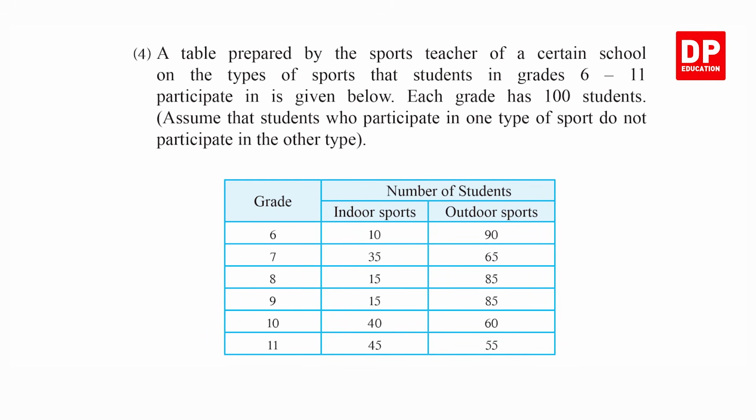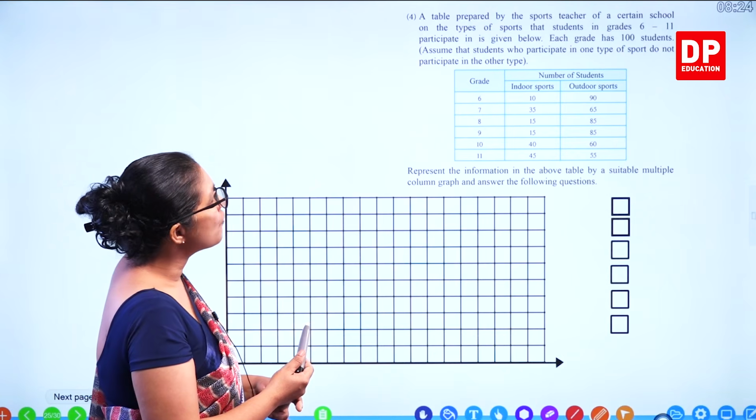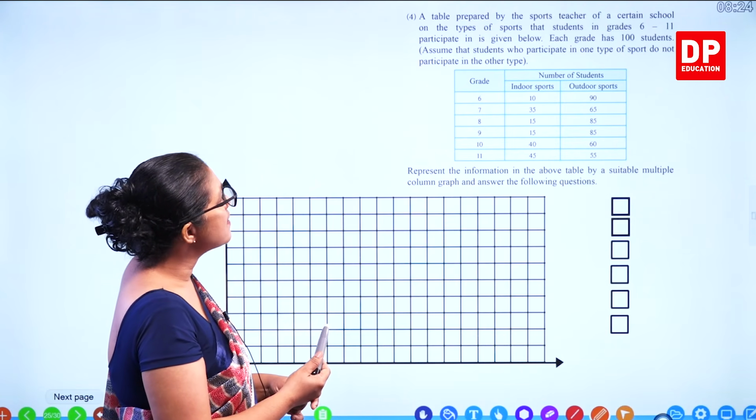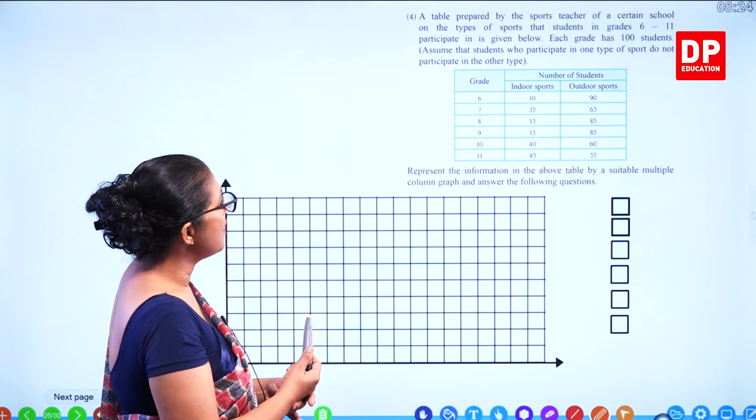A table prepared by the sports teacher of a certain school on the types of sports that students in grades 6 to 11 participate in is given below. Each grade has 100 students. Assume that the students who participate in one type of sport do not participate in the other type. The number of students is given for indoor and outdoor, and grades 6, 7, 8, 9, 10, 11.